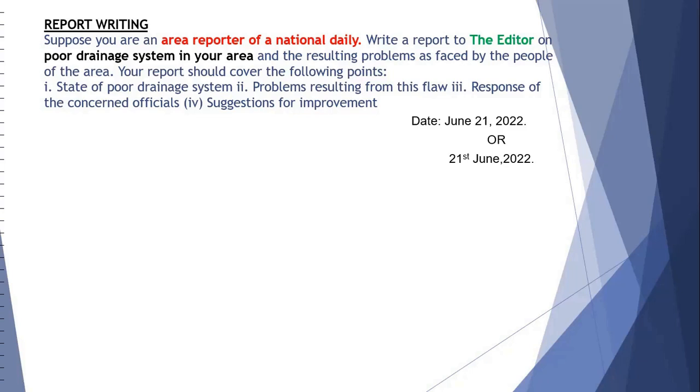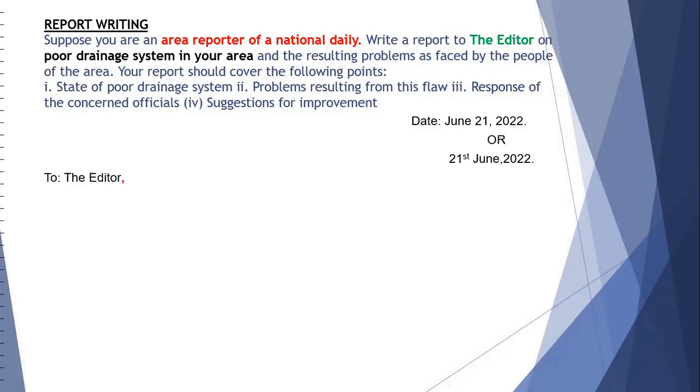When we talk about the address, first you have to mention the address of whom? The address of the receiver. Let's check. Here it is already mentioned, write a report to. "To" means the receiver of the report is already mentioned here. Everyone knows how to mention the address of a newspaper editor.